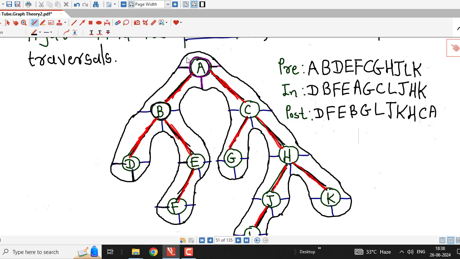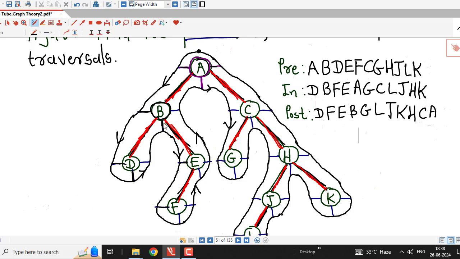So we started by considering this closed curve starting with root A, and by considering this type of closed curve traversal, what we have taken care of is that whenever the closed curve touches this line, this vertex is in pre-order.